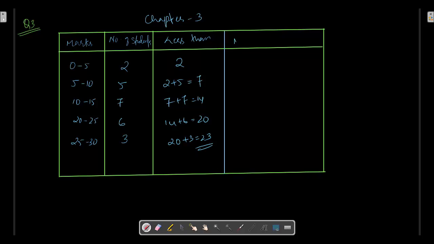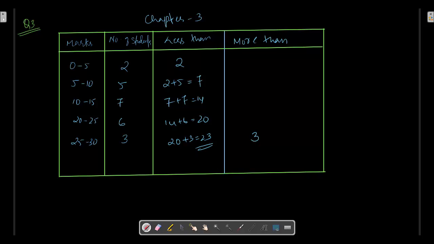For the more than type, more than cumulative frequency, you have to start adding from downwards. First one is 3. When we talk about more than, we're always talking about the lower limit: more than 0, more than 5, more than 10, more than 20, and more than 25.